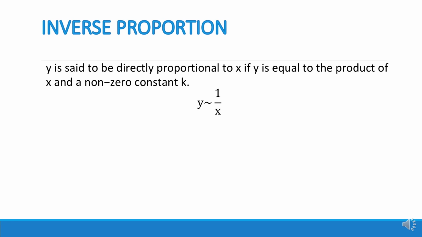y is said to be directly proportional to x if y is equal to the product of x and a non-zero constant k.